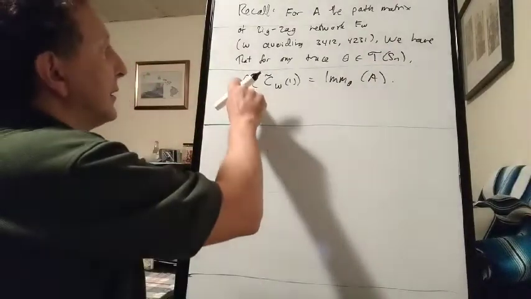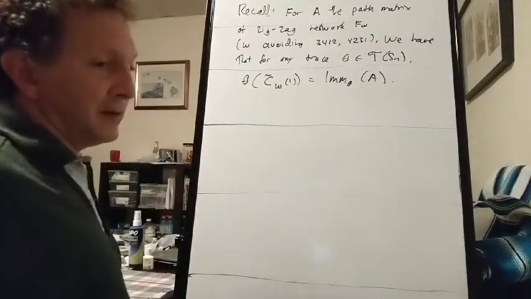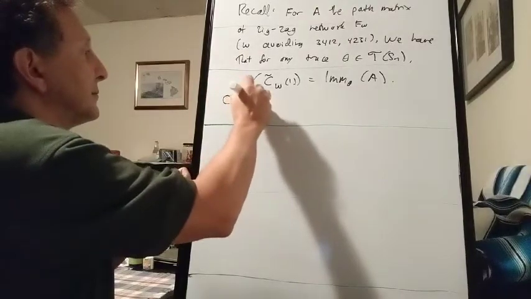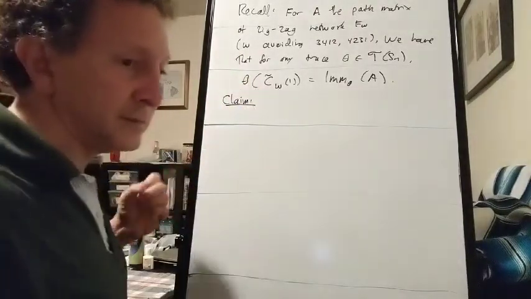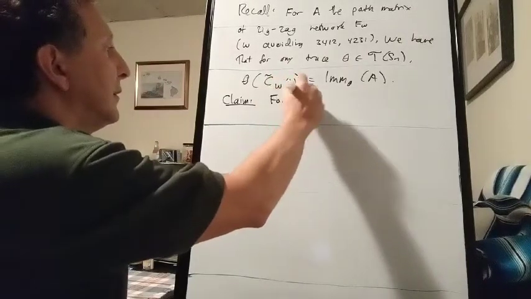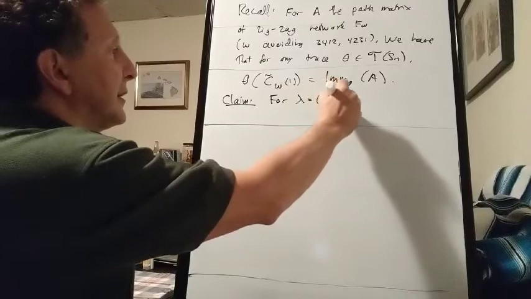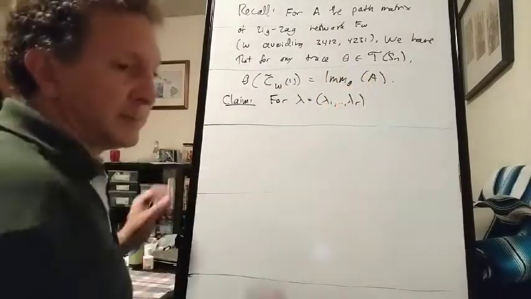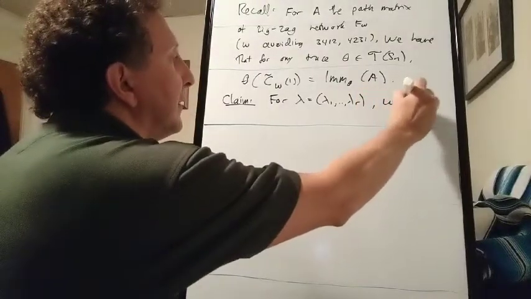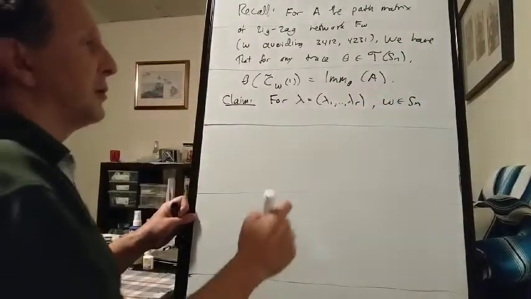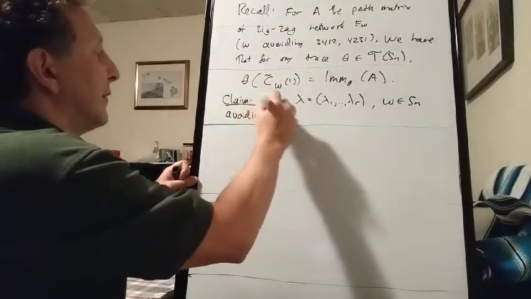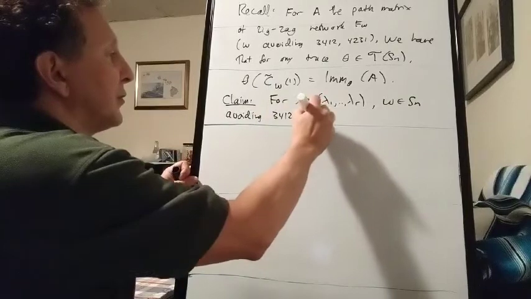So let's see what happens in the special case that theta is an induced sign character. Let's say we have a partition lambda with parts lambda 1 through lambda R, and let's say we have a permutation W in the symmetric group avoiding 3412 and 4231.